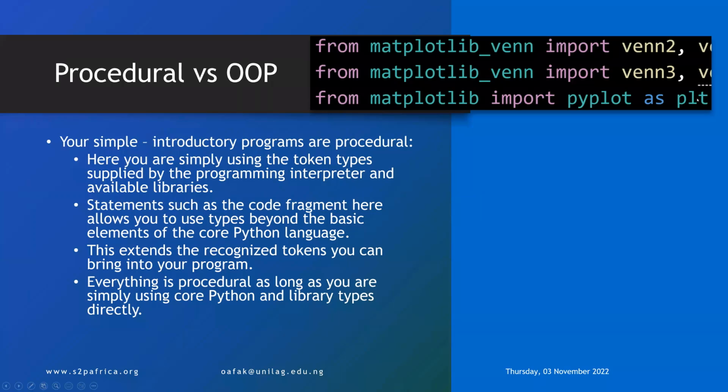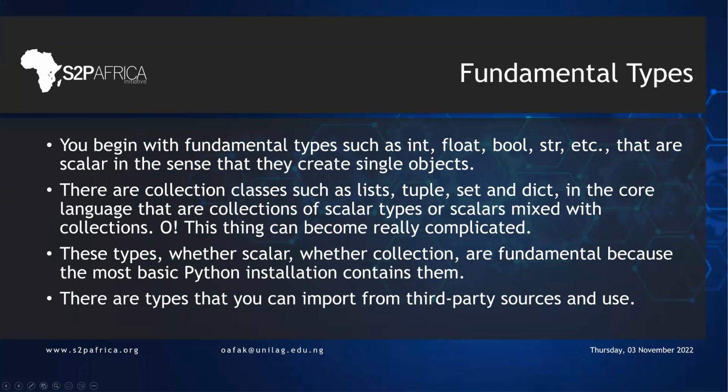For instance, take a keyword like PLT. PLT can become a word that Python can recognize, but it will only happen after you have had a statement like from matplotlib import pyplot as PLT. It's only from this point on that PLT becomes a recognizable word in Python. Up till that time, if you use it, it doesn't know what you're talking about.